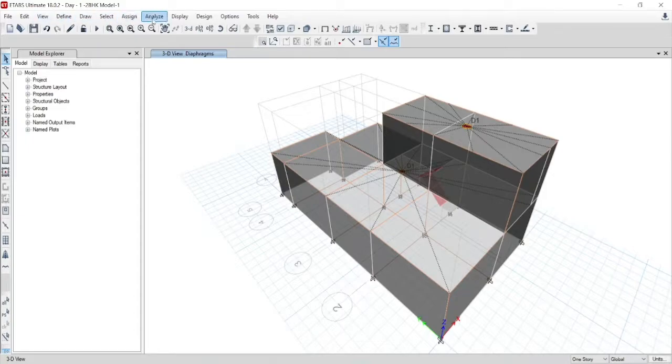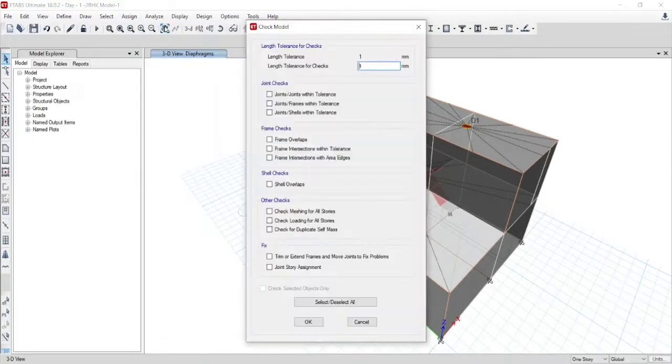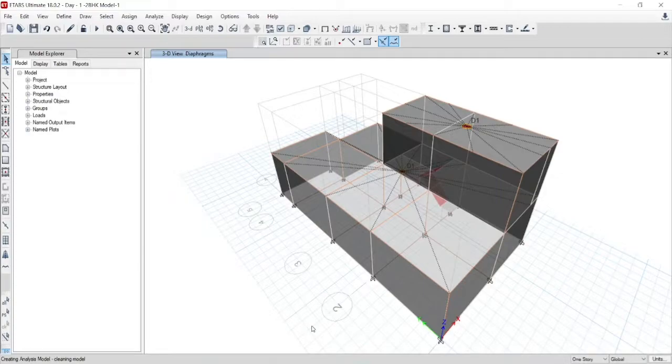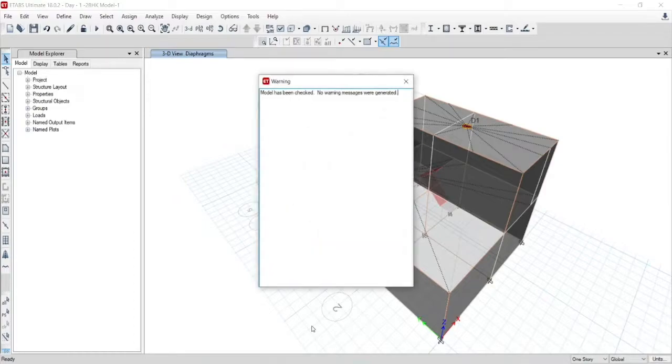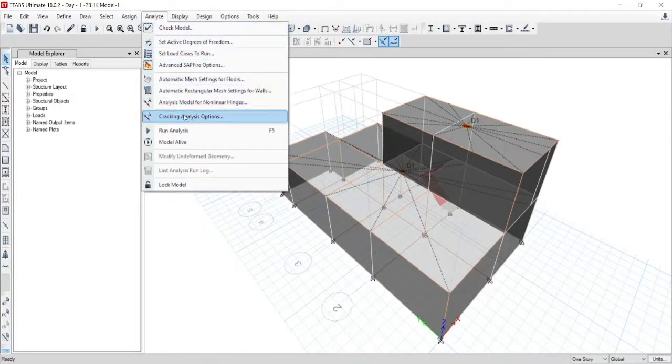Now you can start analyzing the structure. Let us check the model once. The model has been checked, no warning message is generated, and it is good to do the analysis now.